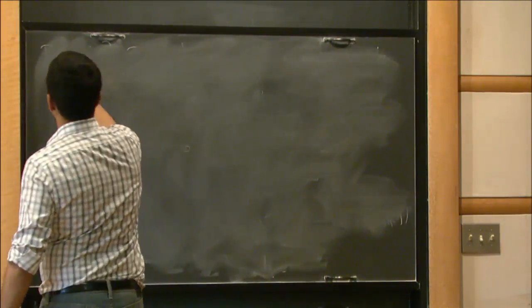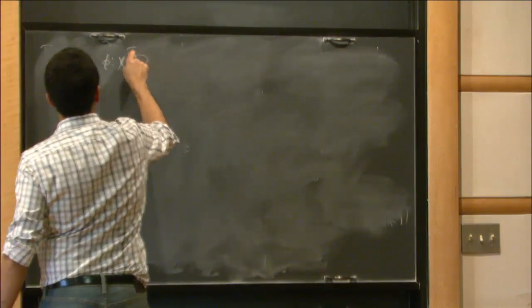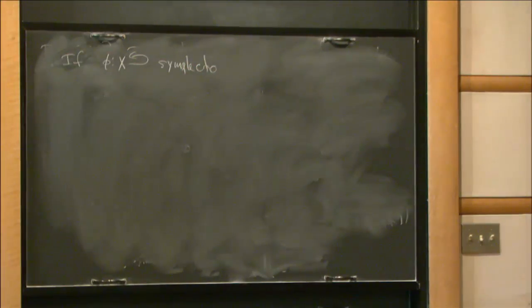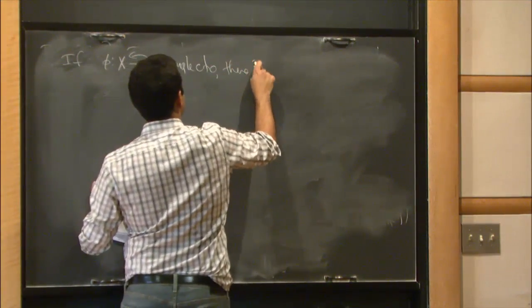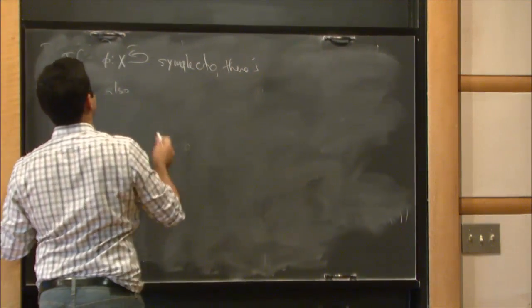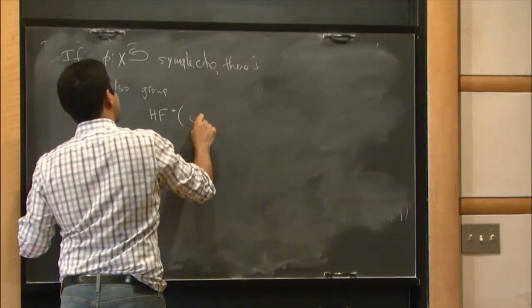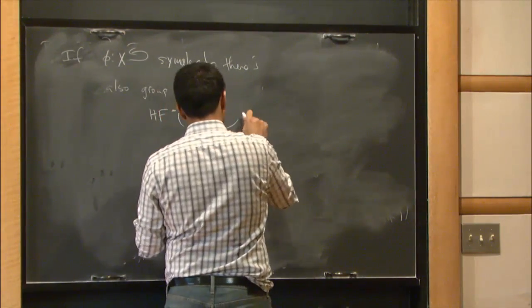Maybe what I want to say is, if you have a symplectomorphism phi from X to itself, there's also a group HF of phi, which is called the fixed point Floer cohomology.